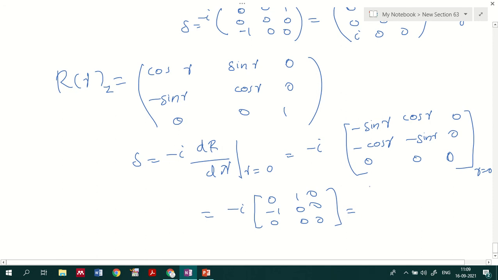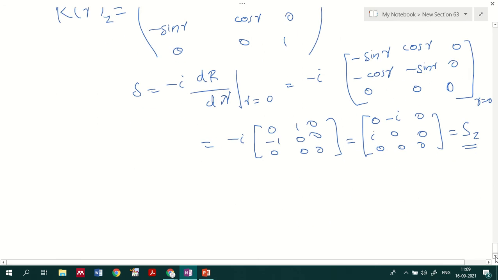That is equal to minus I multiply ചെയ്ത് കഴിഞ്ഞാൽ we get as 0 minus I 0, I 0 0, and 0 0 0. So this we take it as SZ, generator along z direction that is corresponding to gamma. Okay, so ഇതാണ് ഡിഫറെൻറ്റ് ജനറേറ്റർ റെപ്രസെൻറ്റേഷൻ എന്ന് പറയുന്നത്.